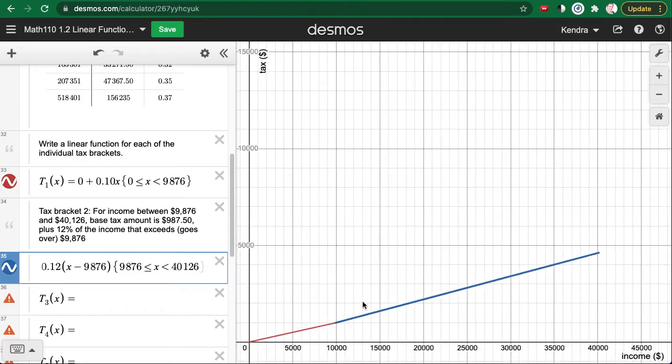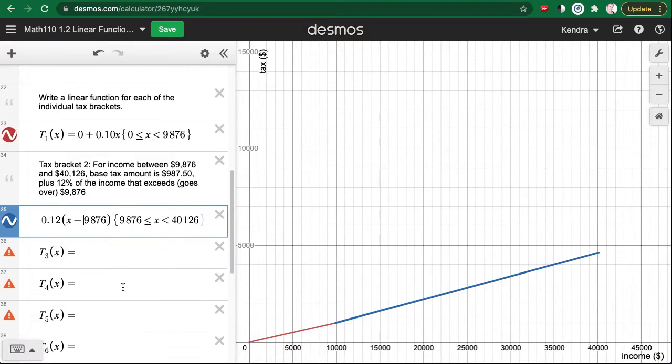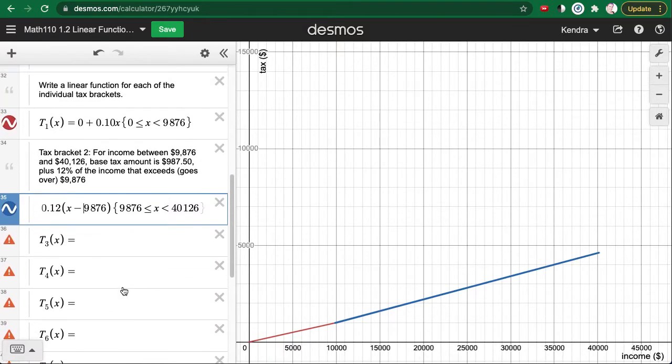So there we have the taxes for income bracket 2. All right, so you should take a minute to do this yourself and create your little linear models. This is a really great exercise to create a linear model for each one of these tax brackets.